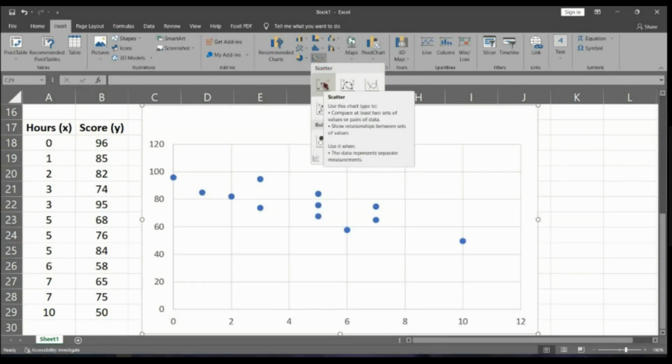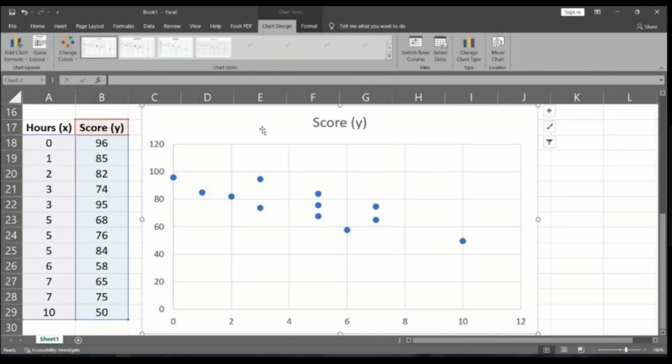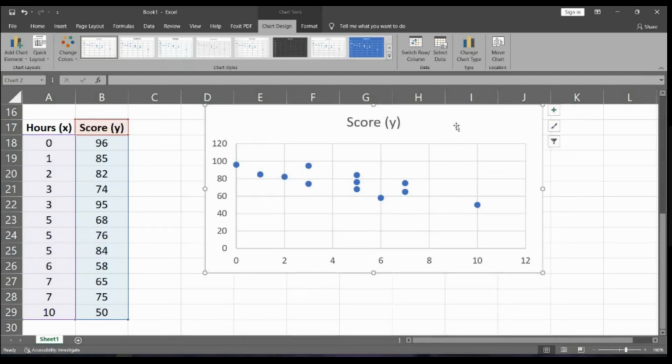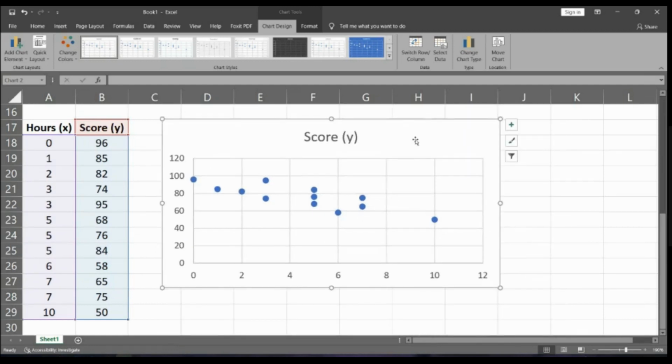Choose the first choice. So this is the scatter plot diagram.